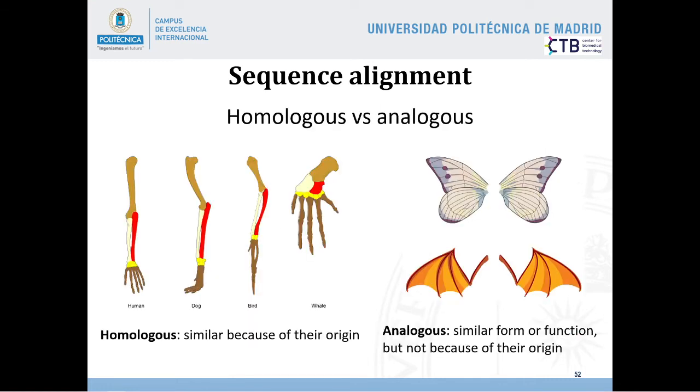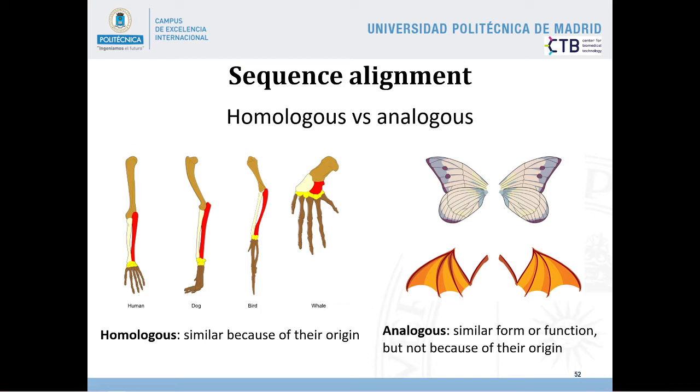Another concept that you have to keep in mind is exactly what we understand in biology by homologous and analogous. Homologous, we call those proteins, for example, or parts of the body, of the anatomy, that are similar because of their origin, because of where they come from.